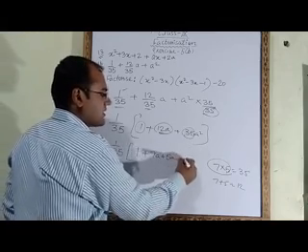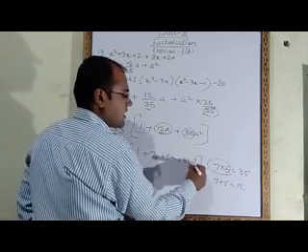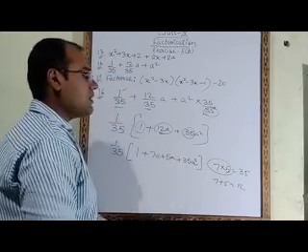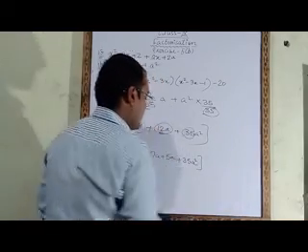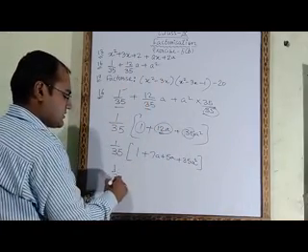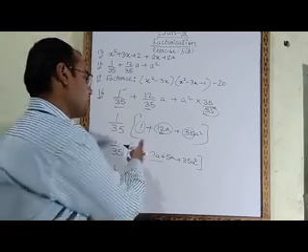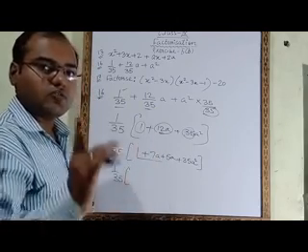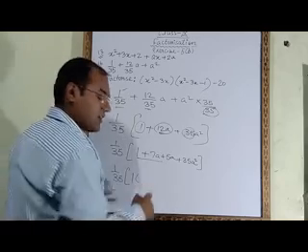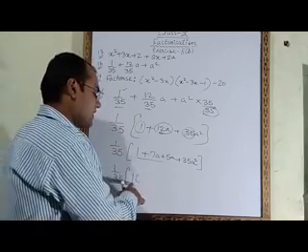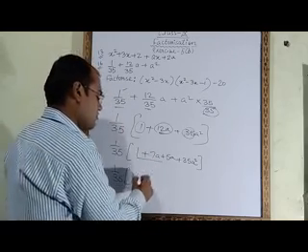And plus 35a square we have to write as it is. Now next step is 1 upon 35 we have to write as it is. From these two numbers we will take common. But here it is 1 and here it is 7 and nothing is common, so we will take 1 common, and whenever we take 1 common, the same thing we have to write in the bracket.